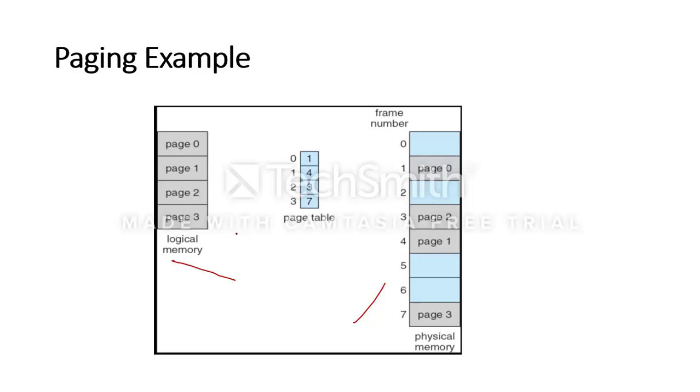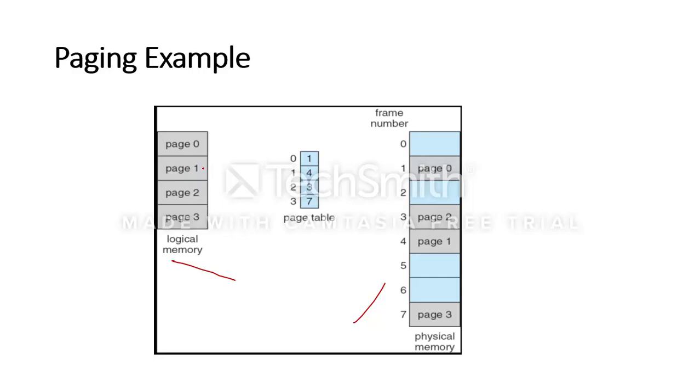It maps your logical to physical. In other words, we're saying page 0 here is being mapped into memory location number 1 of your physical memory. This is page 2, but it's what? Memory location number 1, because we count from 0, 1, 2, in that particular order.